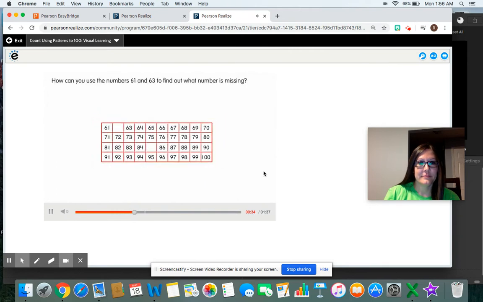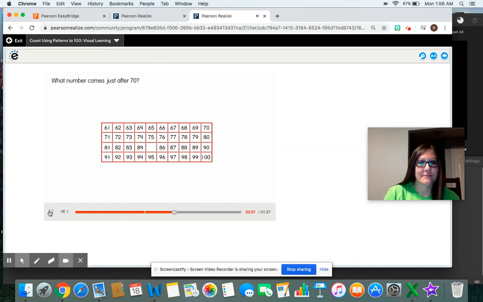How can you use the numbers 61 and 63 to find out what number is missing? You can figure out the number in between. What number belongs between 61 and 63? Say it out loud if you know it. 62 belongs between 61 and 63.